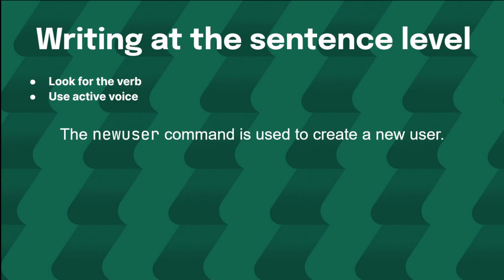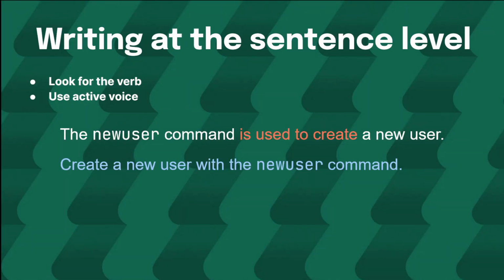In this case, the sentence doesn't actually have the actor appearing anywhere. The new user command, that's the subject of the sentence. Then the verb is used. We don't know who's using it. We just know that it's being done. And in fact, we're not actually telling the reader to do anything in this sentence. We're just telling them a fact.